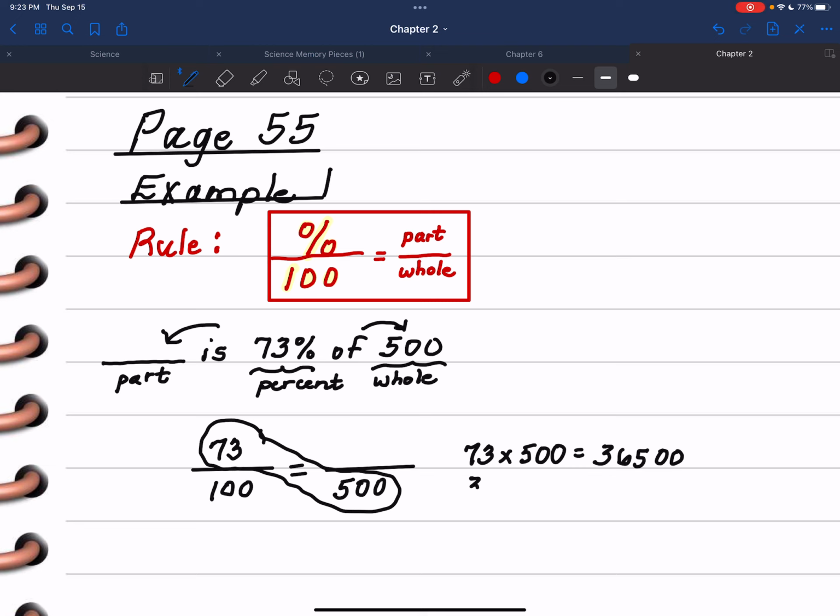Well, let me show you the proper way, and then I'll show you the trick. So you're going to divide that by the thing that was not in the proportion, and that is 100. So you divide it, and you get 365. So 365 of the people surveyed do half of their shopping online.